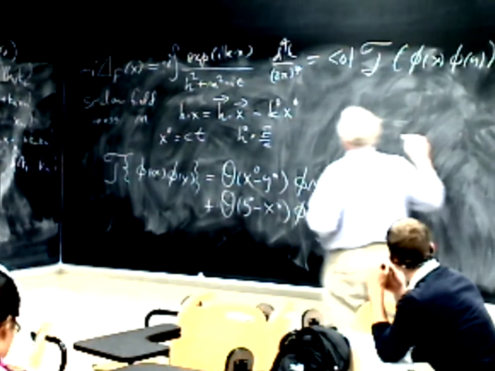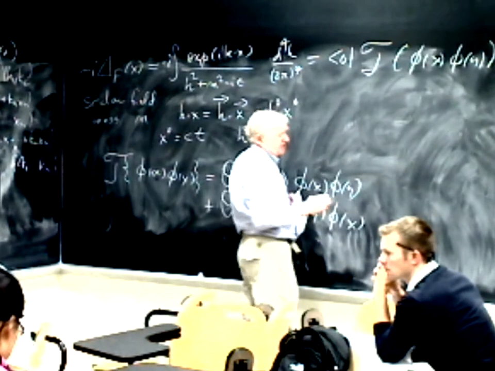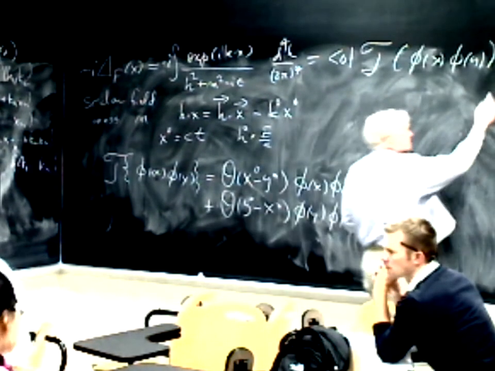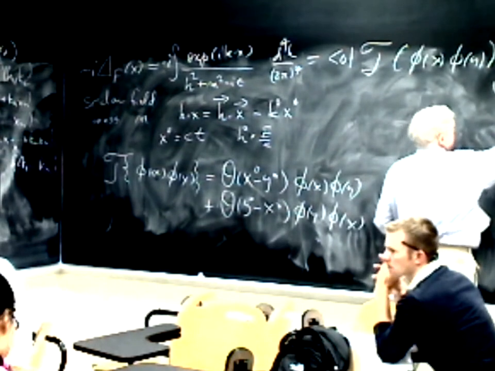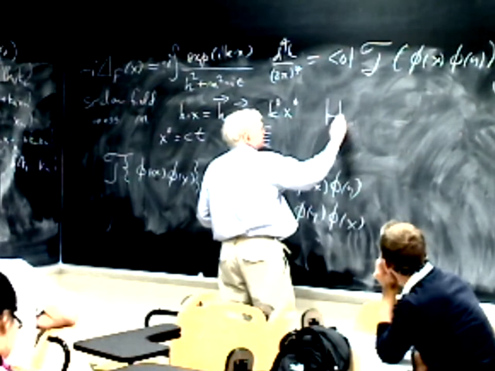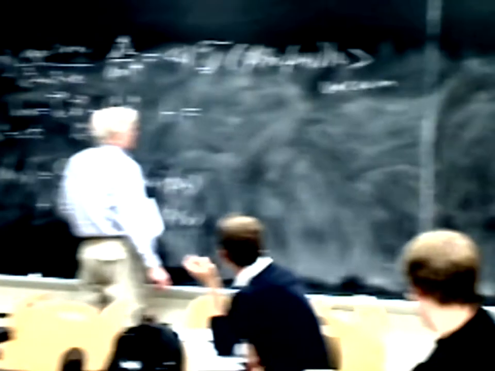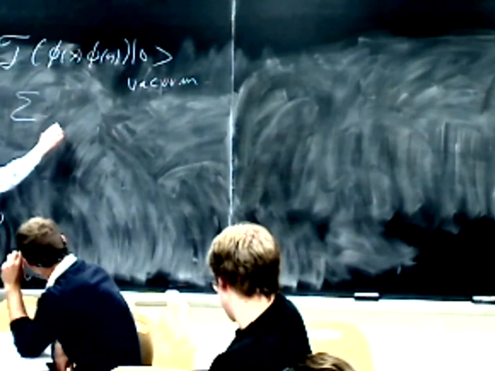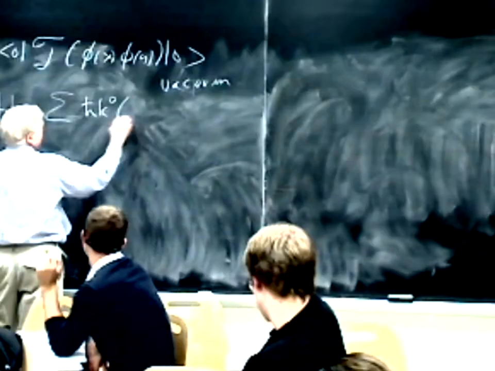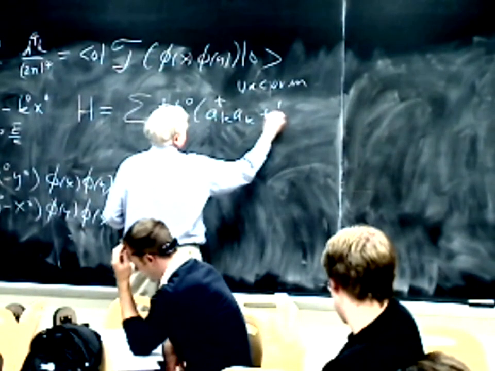And this is for the case in which this is the vacuum state, and this is the case in which the Hamiltonian for the field is just a sum of h bar k0 times a dagger k a of k plus a half.